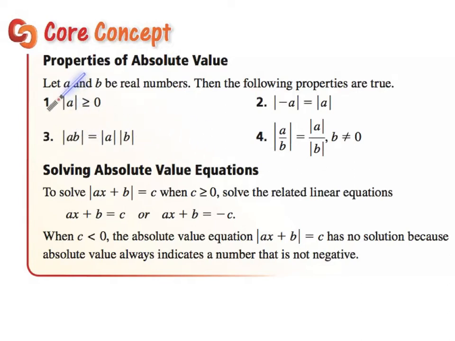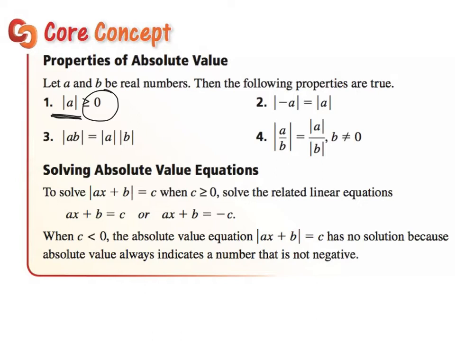All right, properties of absolute value. These are just the properties of absolute value. Number one, this is probably the biggest one that people forget. Absolute value has to be equal to 0 or greater than 0. This number has to be greater than or equal to 0 when the absolute value is isolated by itself.